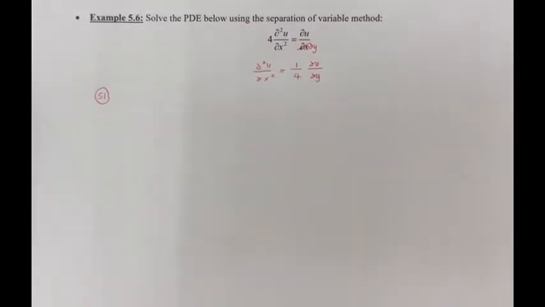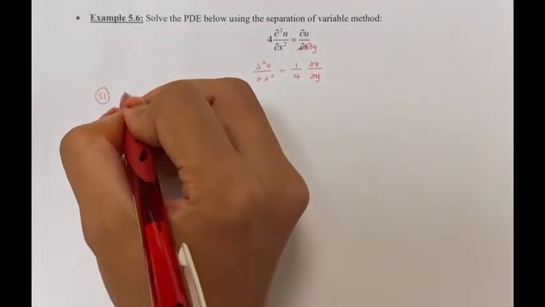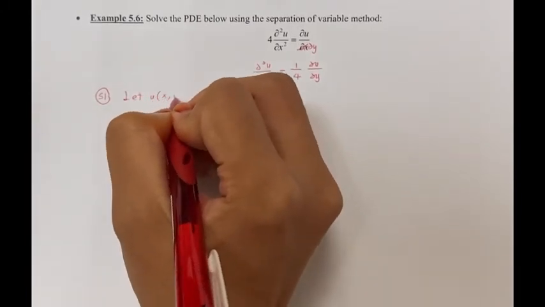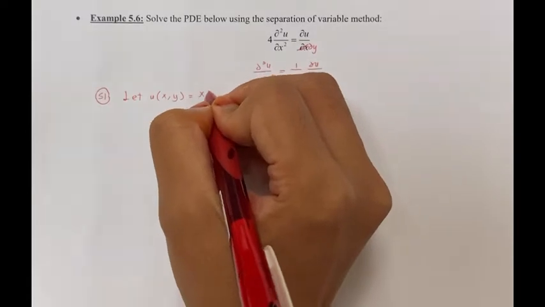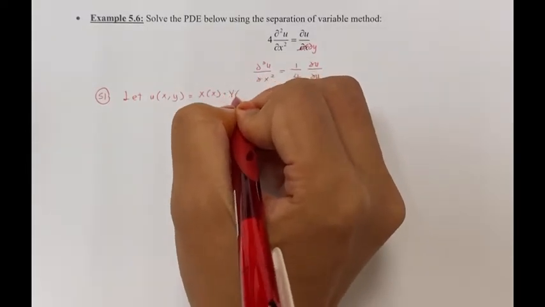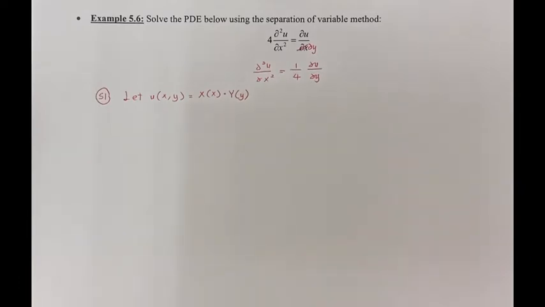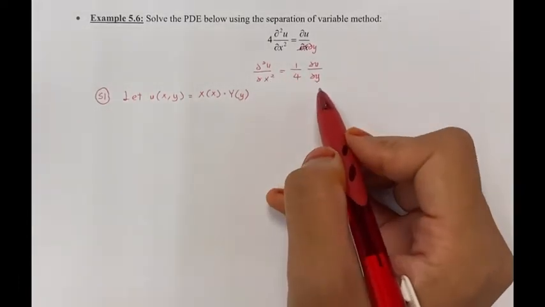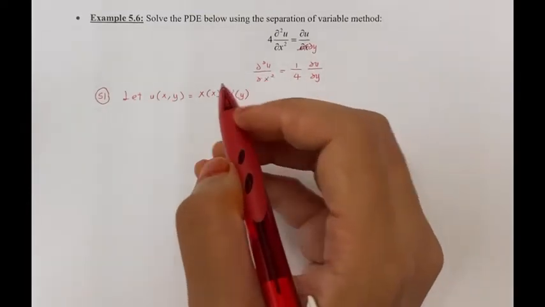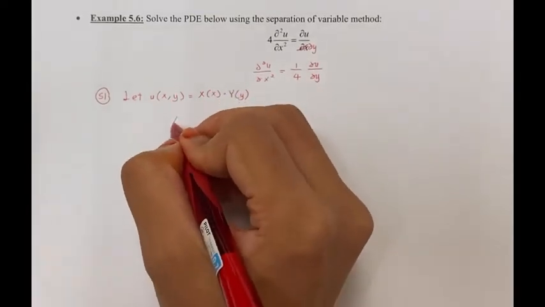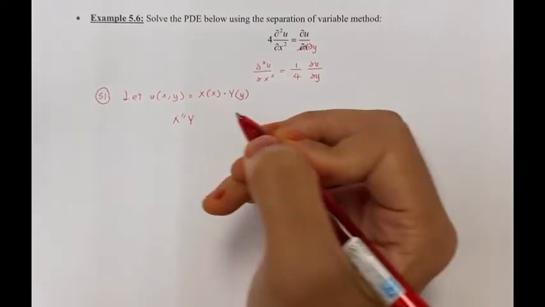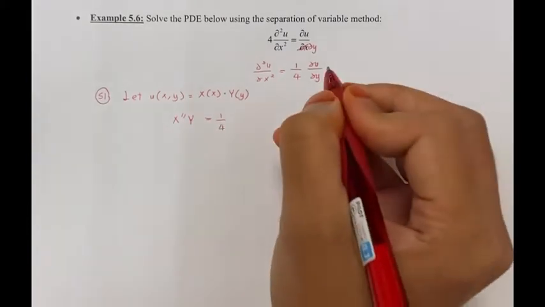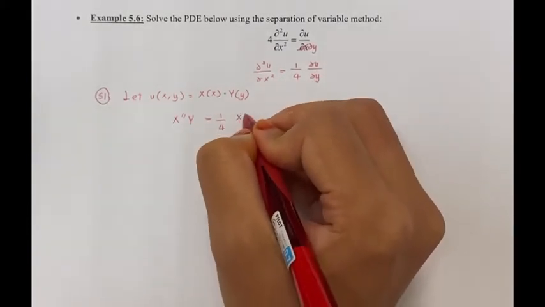In the first step, you know that you need to let u(x,y) equal to a product of X and Y. From here, substitute del square u over del x square and del u over del y. So del square u over del x square is basically equal to X double prime Y, equal to 1 over 4, and del u over del y is X Y prime.